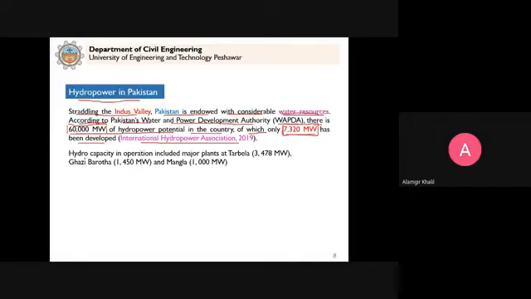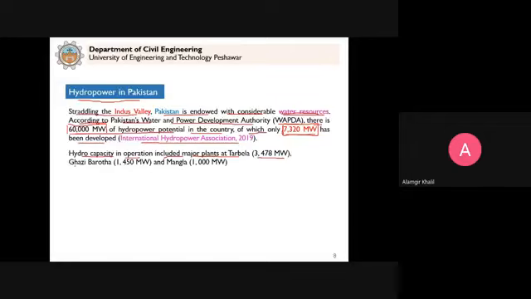So from where is this hydropower generated? Hydro capacity in operation includes major plants at Tarbela. At Tarbela, the initial capacity was 3,478 megawatt.